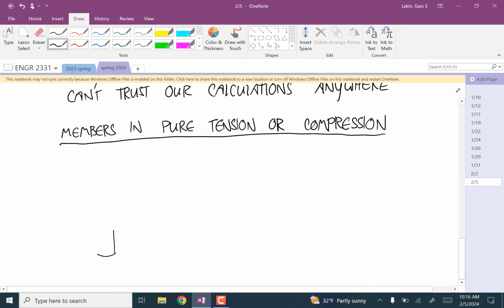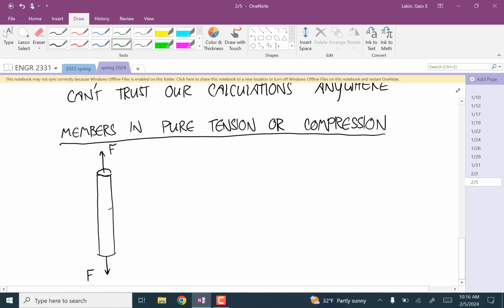So let's think of, I'll draw it with a round cross section this time. So let's say that we have a force like this. This is a member in pure tension.